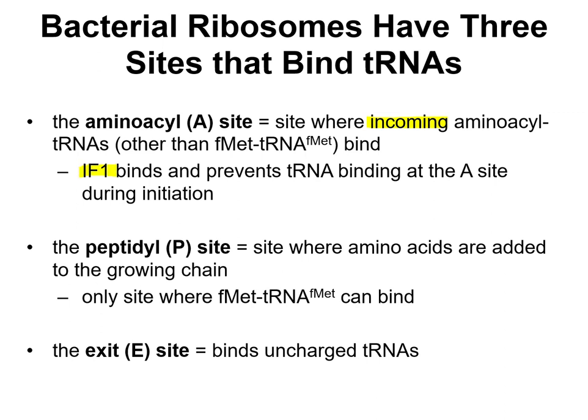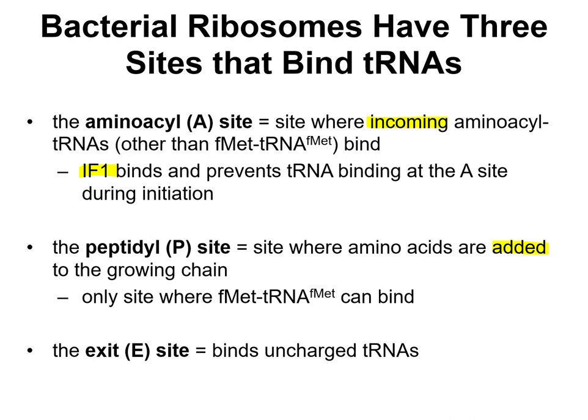IF1 binds here and prevents the initial tRNA from binding at that site during initiation, because we don't want it there. We actually want that AUG codon lined up with the P site, the peptidyl site. And that's where amino acids are added to the growing chain.